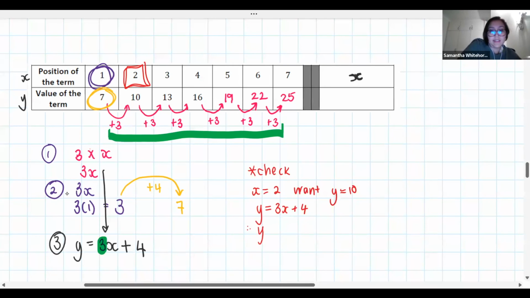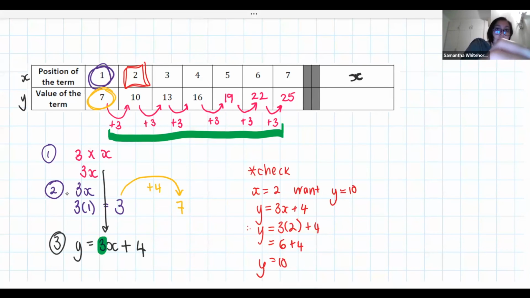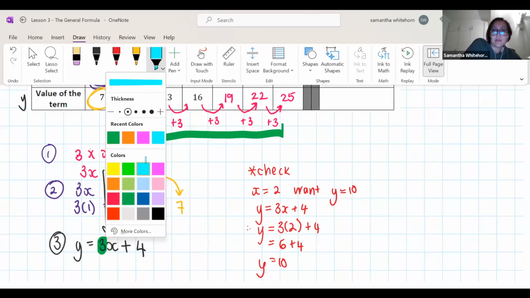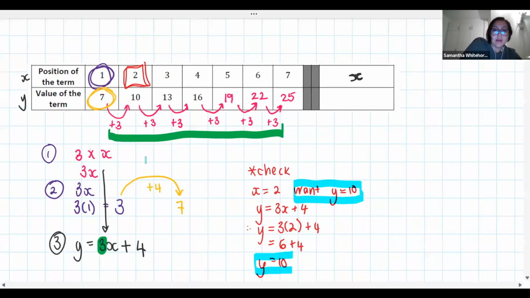Right, y is equal to 3 times 2 plus 4. 3 times 2 is 6, and 6 plus 4 is 10. What did we want? Well, we said we wanted an output value of 10. That's what we wanted. We got an output value of 10, and so our rule is correct.